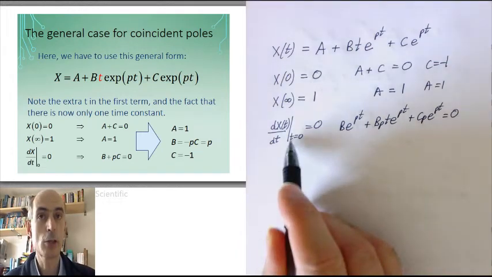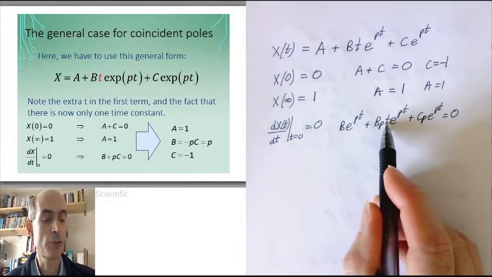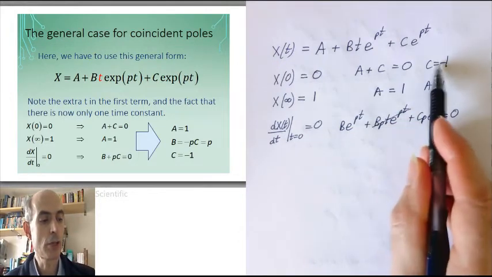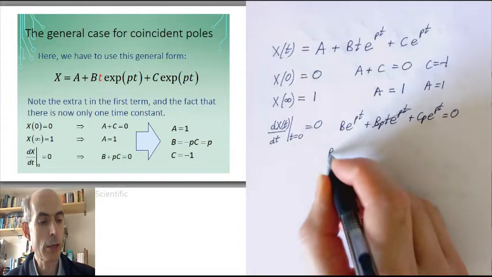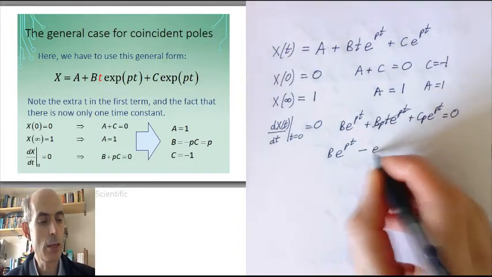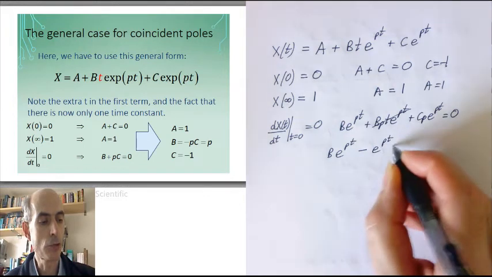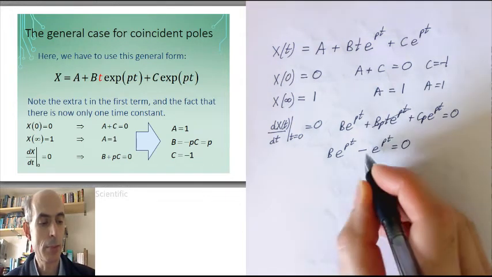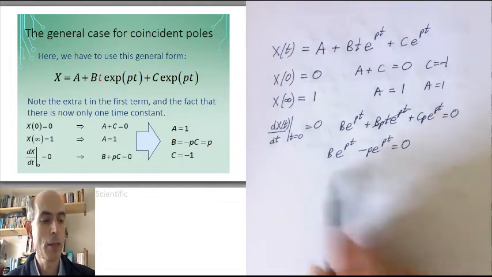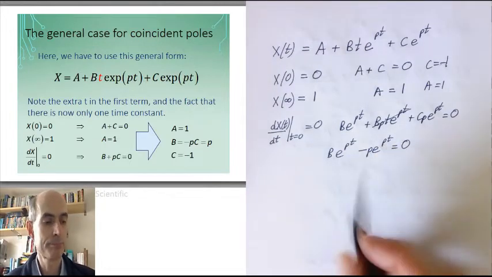Well, at t equals 0, this term here is 0, the t would ensure that, and we know that c is minus 1, so we'd have b e to the pt minus p e to the pt equals 0. And that's only going to happen if b is equal to p.